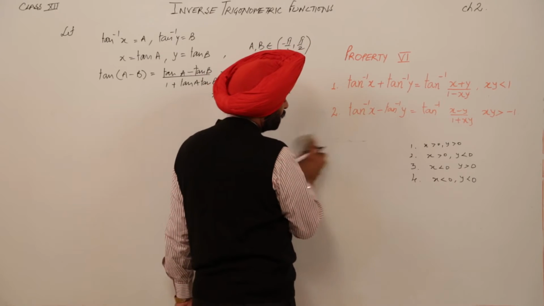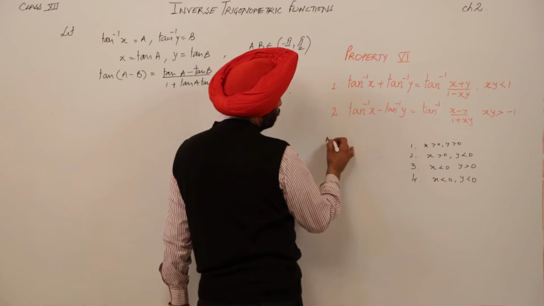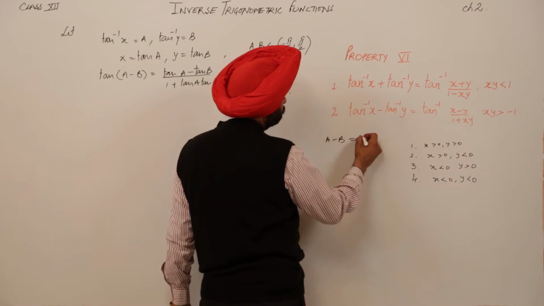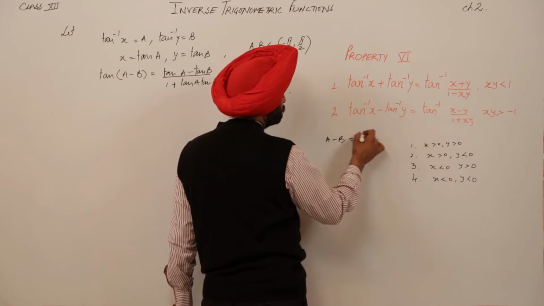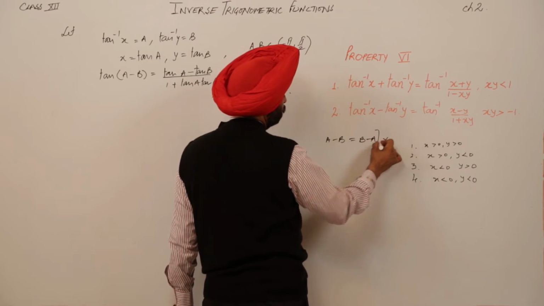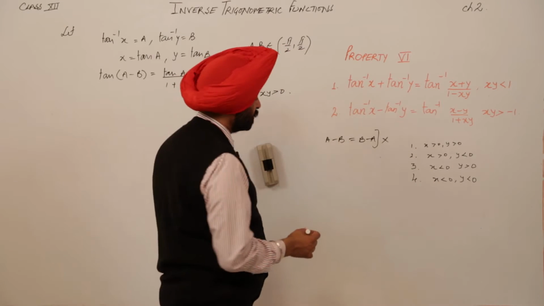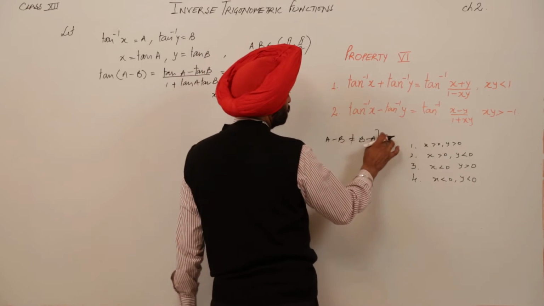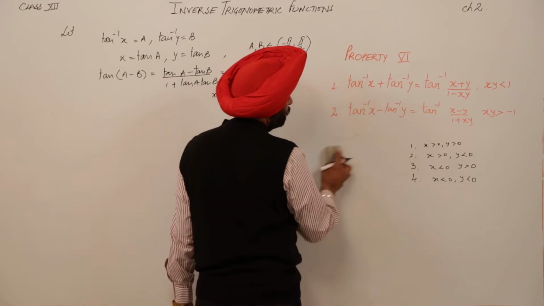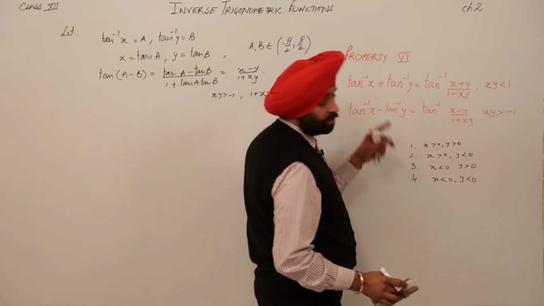Now here we can't write a minus b is equal to b minus a. This is wrong, so this is not equal to b minus a. That's why I have done the second and third parts separately.